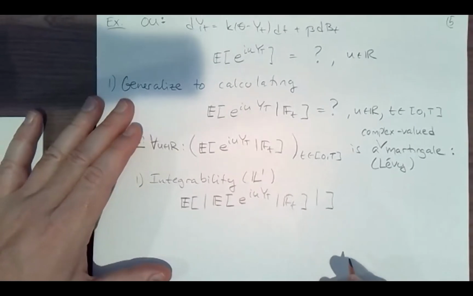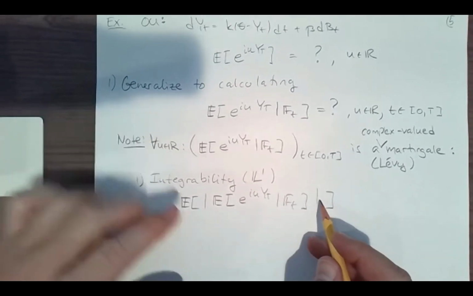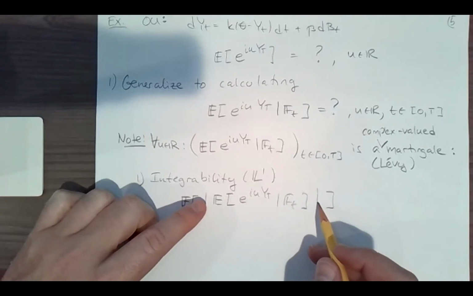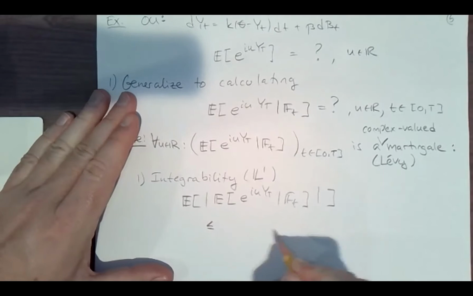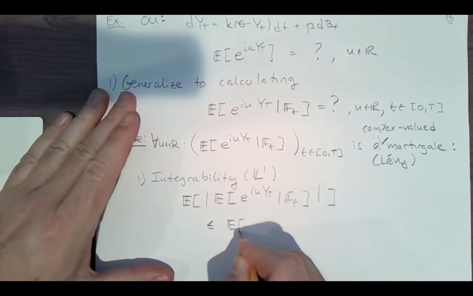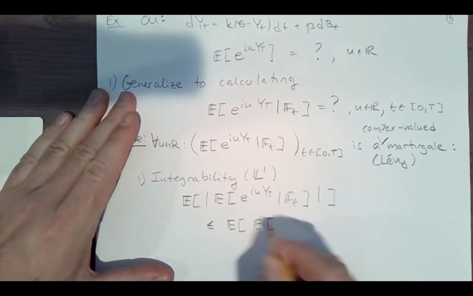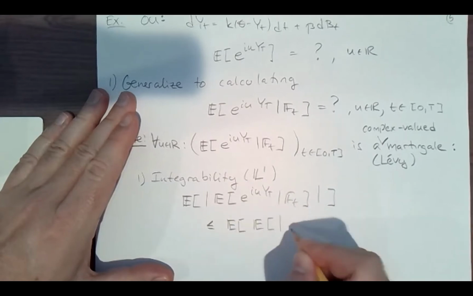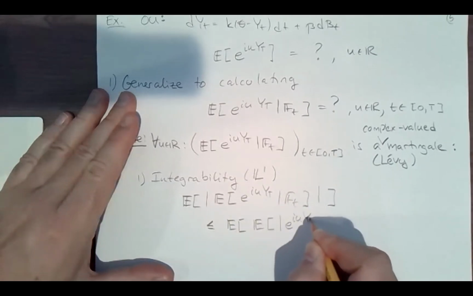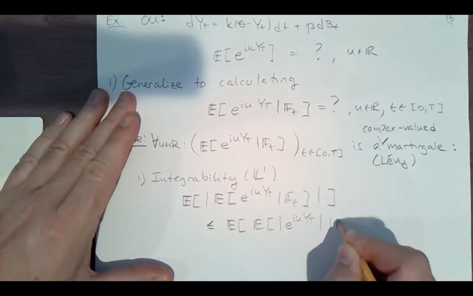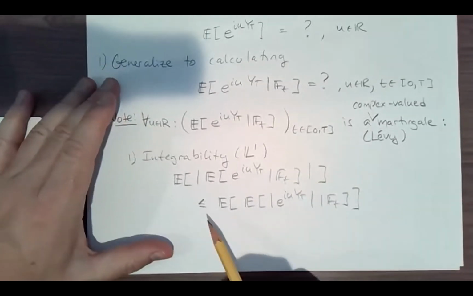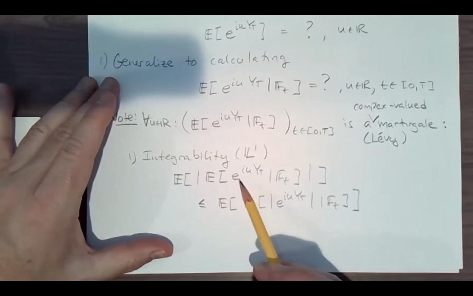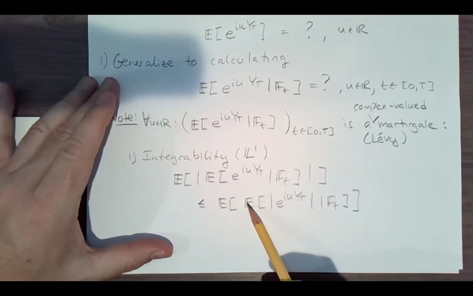And how would I prove that? Well, I have absolute value outside a conditional expectation. If I put the absolute value inside, I'll get something that is bigger. So then I'll have the expectation, and then I put the absolute value inside the conditional expectation. And by moving the absolute value inside, I get something that is bigger.